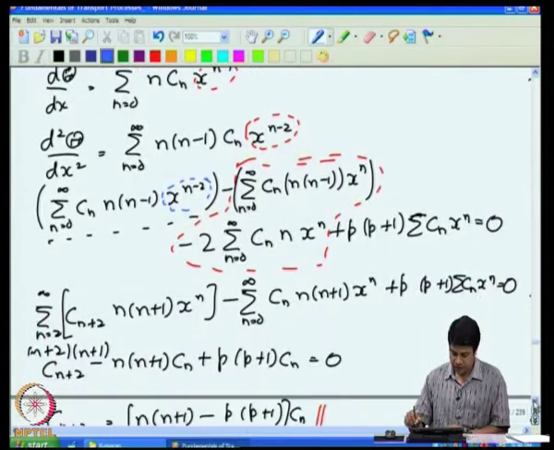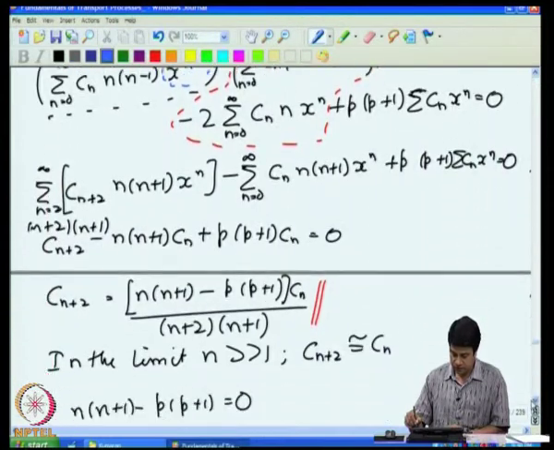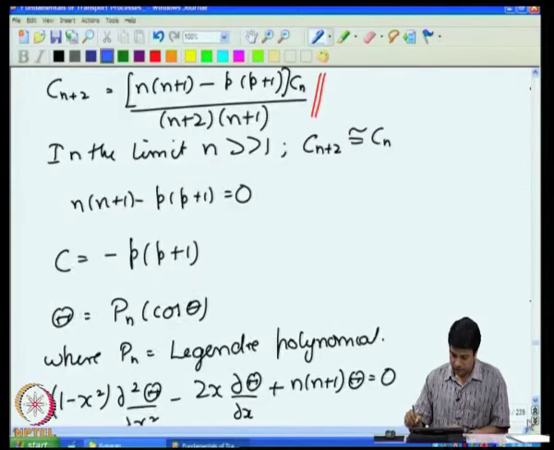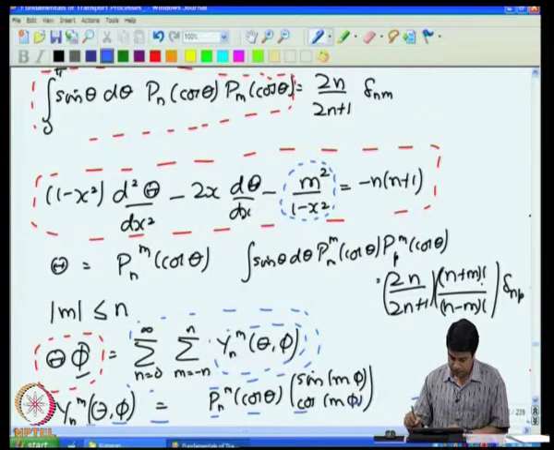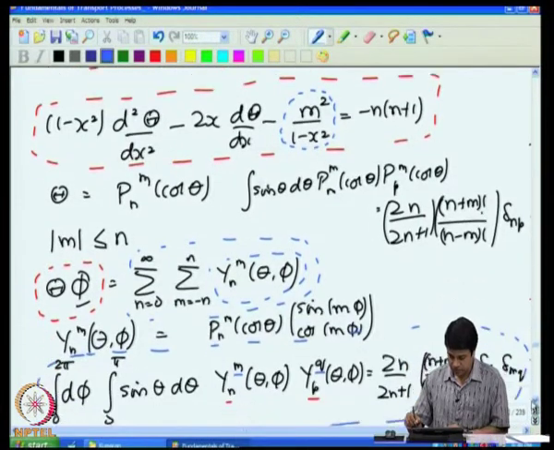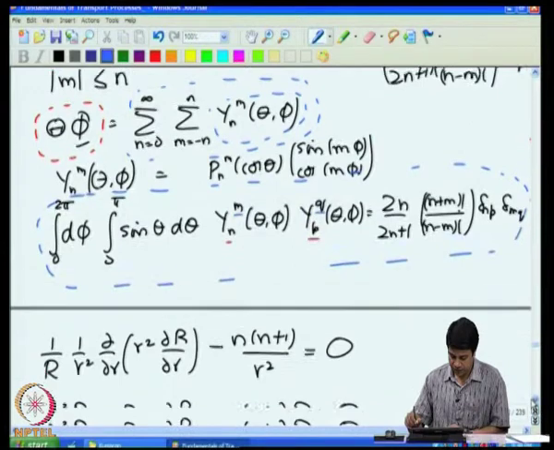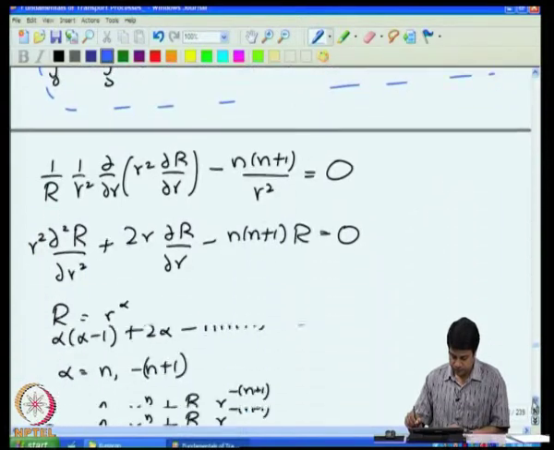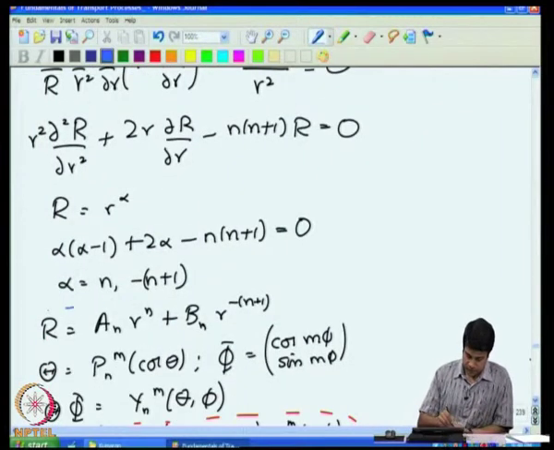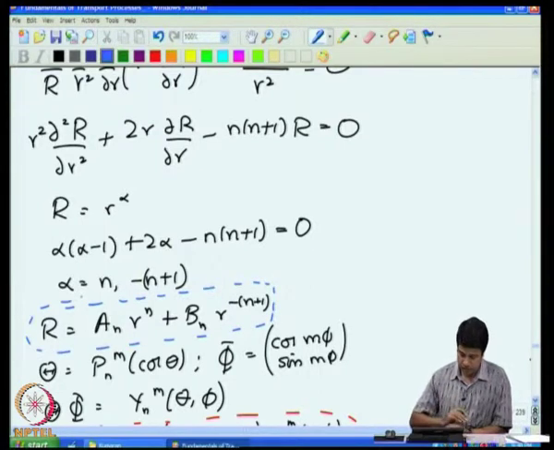And finally, we have to solve along the radial direction. For the diffusion equation, this solution along the radial direction just turns out to be a power law, a power of n, of the form a n into r power n plus b n into r power minus n minus 1.